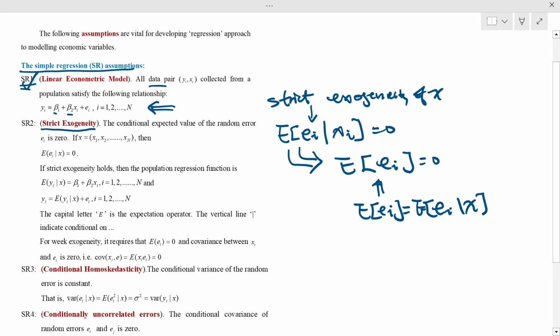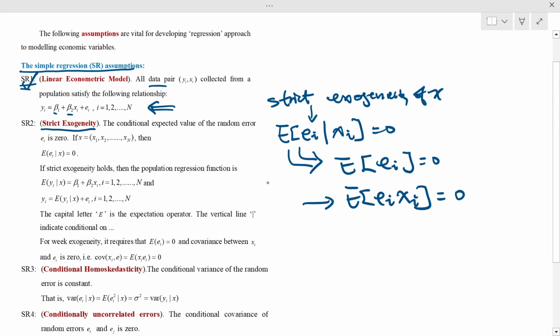First condition on xi, then take expectation, and this is 0. It also implies ei is uncorrelated with xi. So that's the weak exogeneity condition.